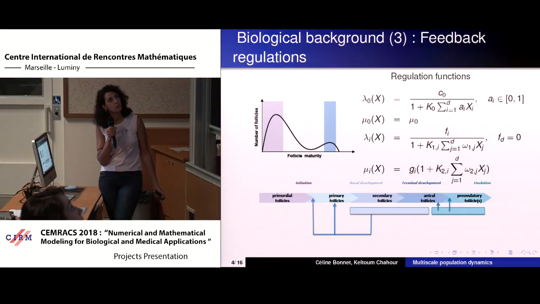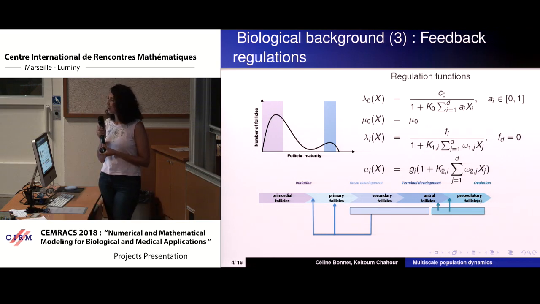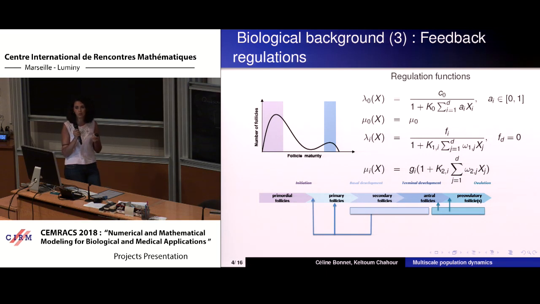In this slide, we will talk about the regulation. The regulation is how a sub-part of the population of follicles can influence the growth of the whole pool of follicles. We have two important aspects coming from biology that we have to incorporate into our model.